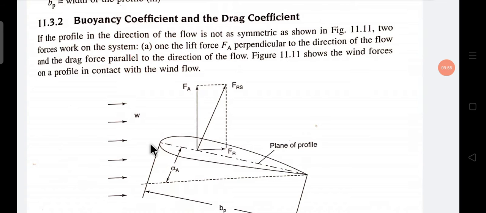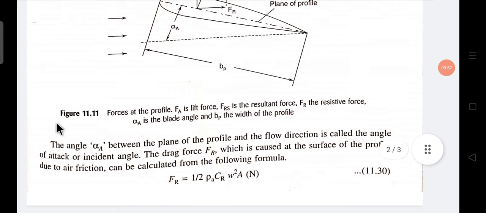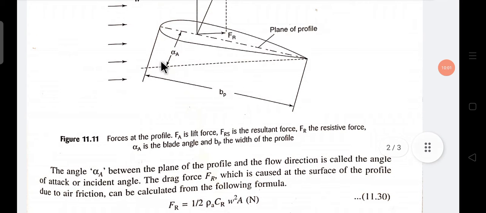Now, the angle alpha a between the plane of the profile and the flow direction is called the angle of attack, or inclined angle.